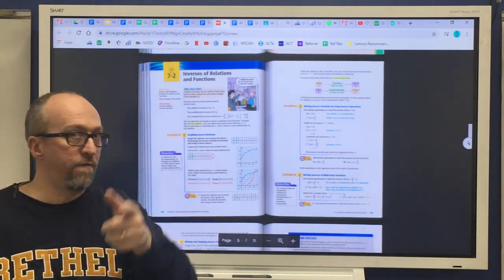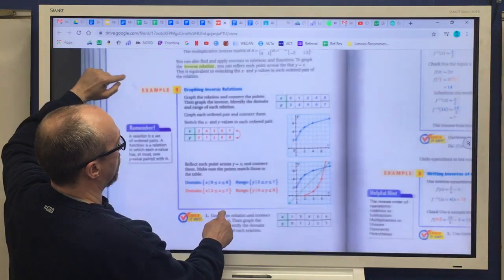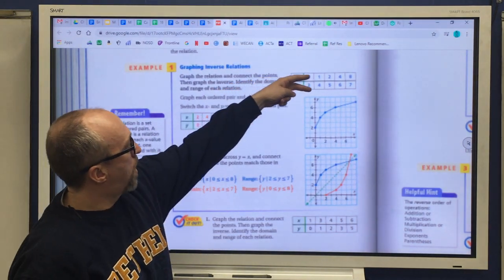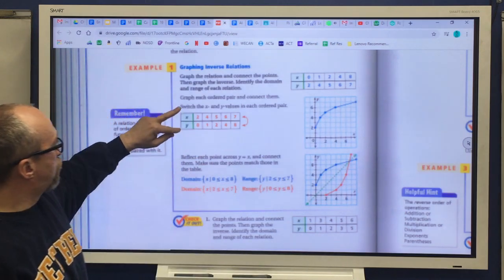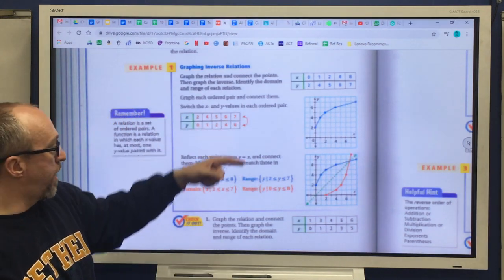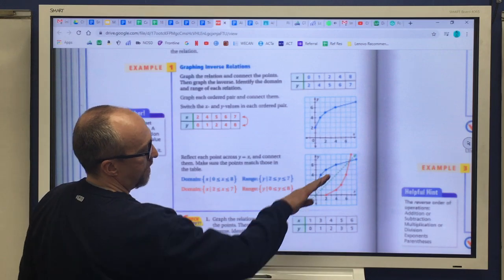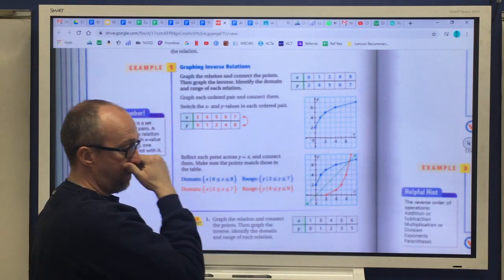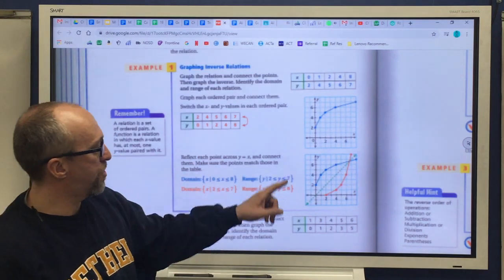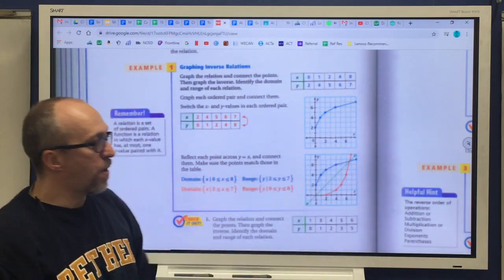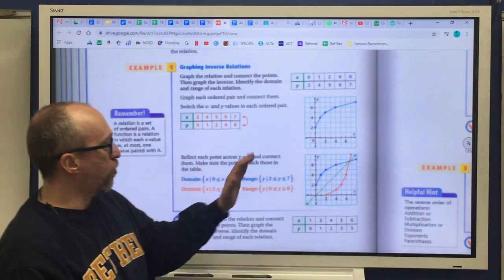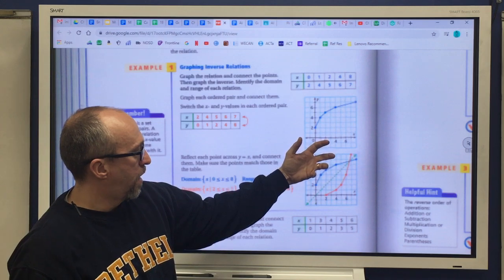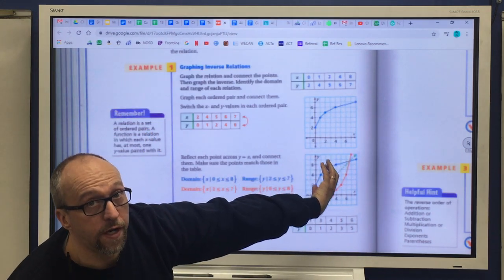And then we talked about inverses. And if you remember inverses, the whole main idea there was that your X and Y table trades. The X's and Y's trade. And it looks like this blue curve is reflected across this green dashed line. And the green dashed line is the line Y equals X. So no matter how kooky the graph is above there, it flips on the other side.